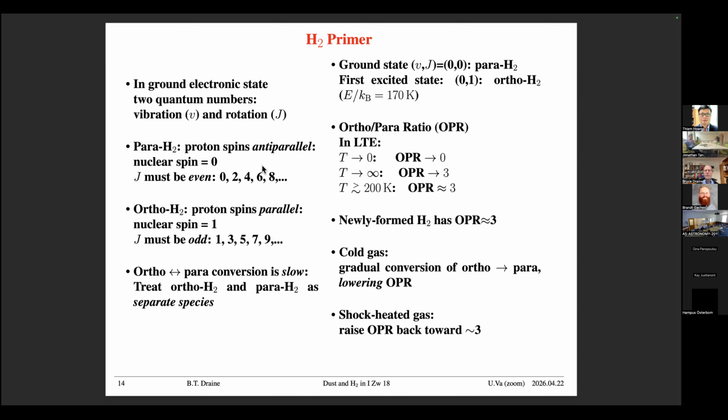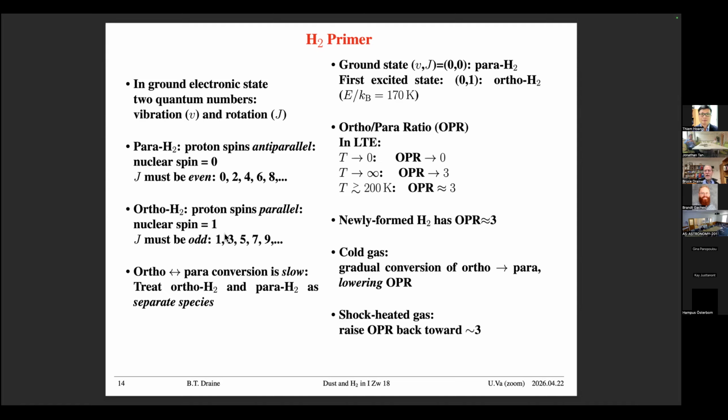And it turns out that for symmetry reasons, if the nuclear spins are anti-parallel, then the rotational quantum number of the molecule when it's rotating has to be even, J equals 0, 2, 4, 6. If the nuclear spins are parallel, ortho H2, then the rotational quantum number has to be odd.